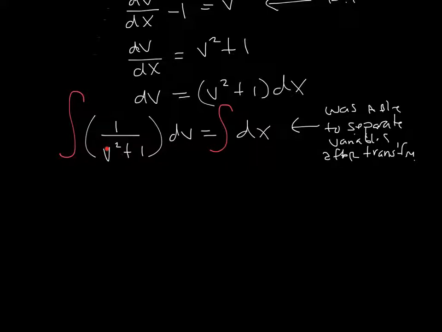This guy is your a squared plus u squared, and that's going to be 1 over a tangent inverse of u over a. If we write that out, that's just tangent inverse of v over 1, which is just v. And then, of course, we add our constant of integration, and the integral of dx is just x. So we just have x.